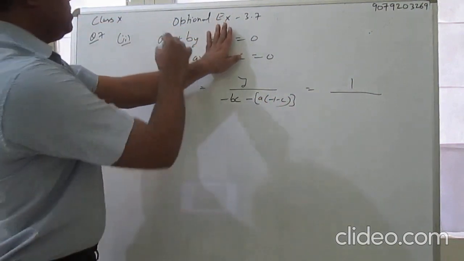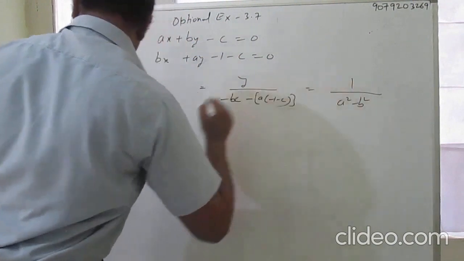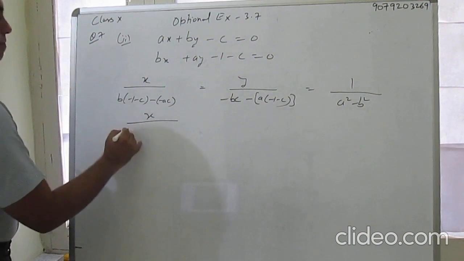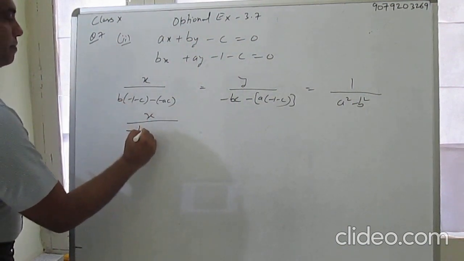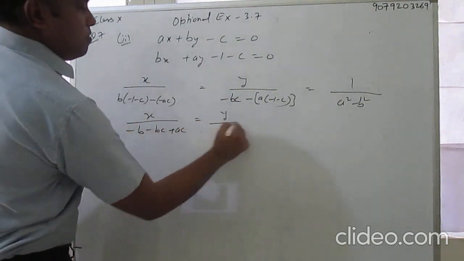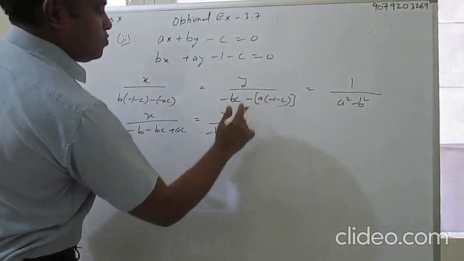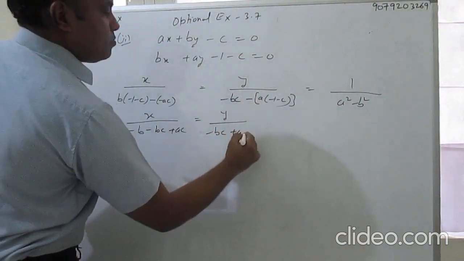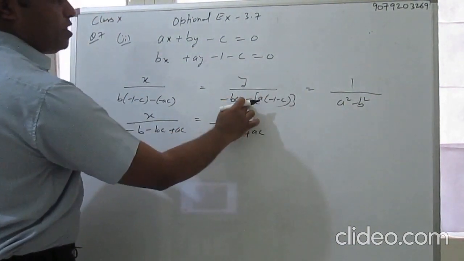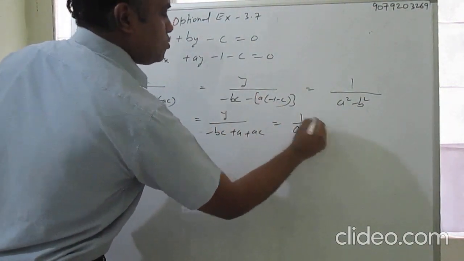Now hide this: a into a square minus b square. Now simplify it, minus b minus bc plus ac minus bc. Now it is minus a or minus 1 plus a. Now it is plus ac, minus into minus, minus minus plus, and it is plus ac is equal to 1 upon a square minus b square.